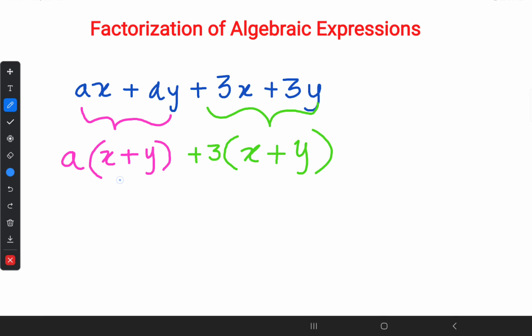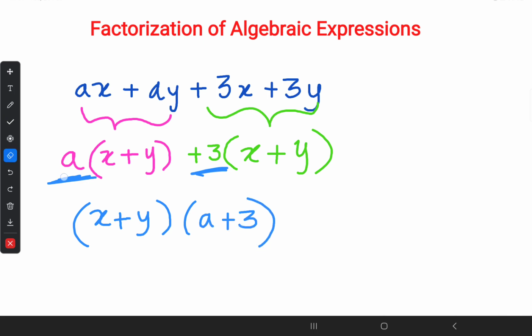So after this, both have the same factor. Inside the brackets, we have x plus y. Let's write that as the common one. Then think about their multiplication pair, those located outside the brackets: a plus 3.